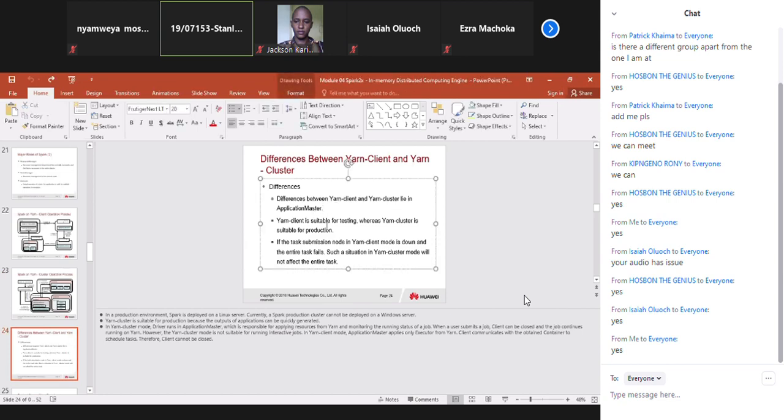And again, you find Yarn client is suitable for testing, whereas Yarn cluster is suitable for production. Again, if the task submission node in Yarn client mode is down, then the entire task fails. In such a situation, Yarn cluster mode will not affect the entire task.